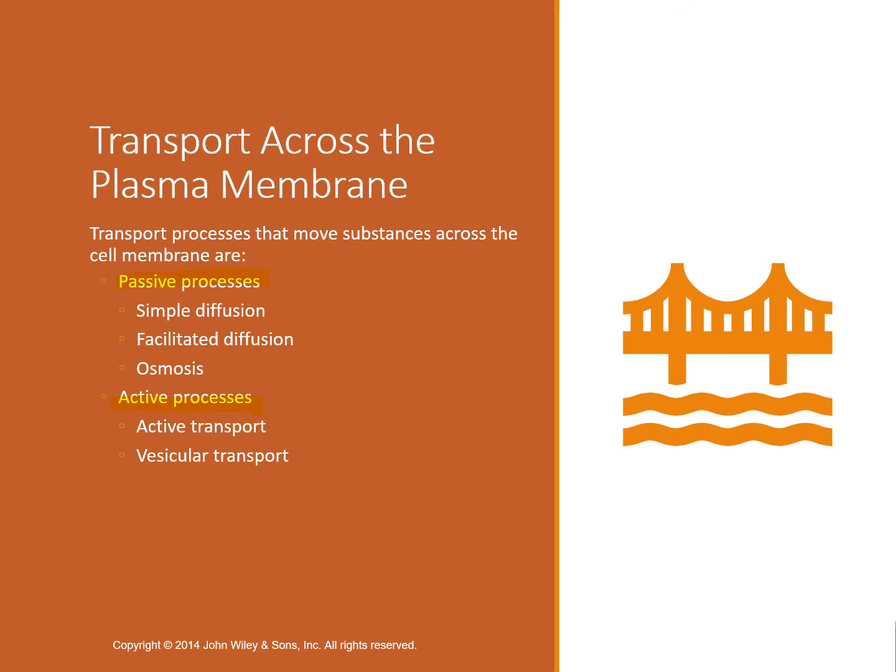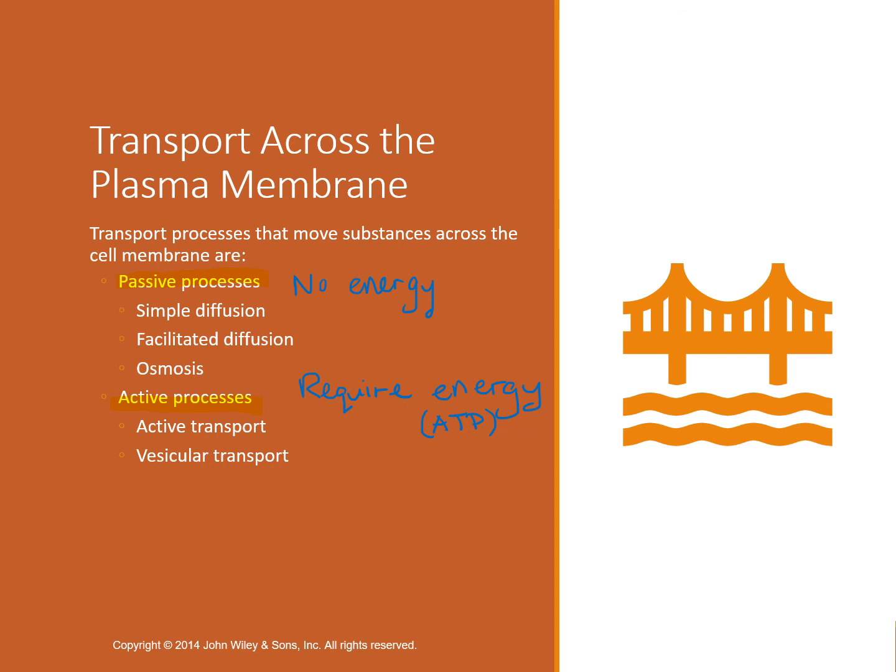Passive is going to require no energy, and active processes require energy. And remember, the energy in the cell is always going to be ATP. This is the energy currency. So active processes require ATP input, whereas passive processes don't require ATP input.